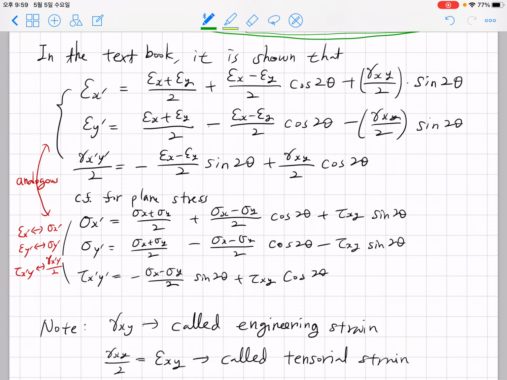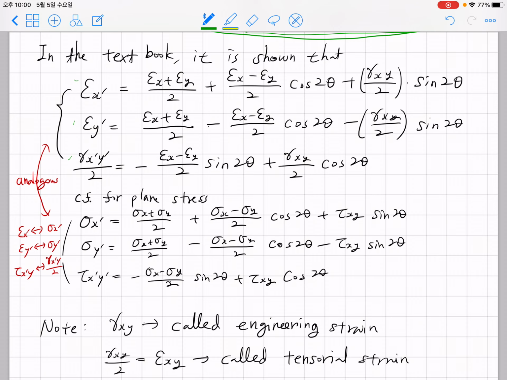They have done the geometric analysis there. If you are interested, please read it by yourself. It is shown that we can obtain the relationship between epsilon x prime, epsilon y prime, gamma x prime y prime, and epsilon x, epsilon y, and gamma xy.